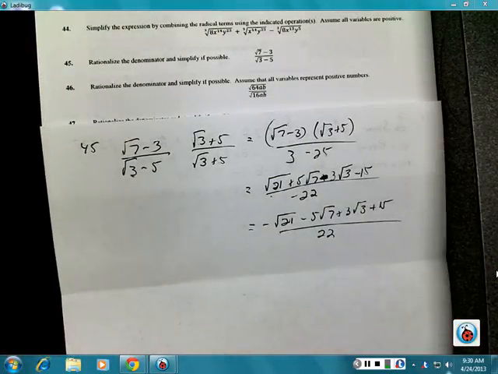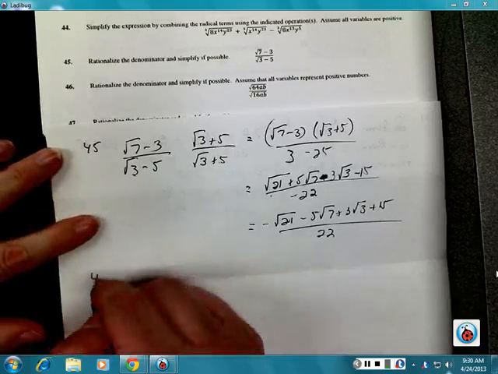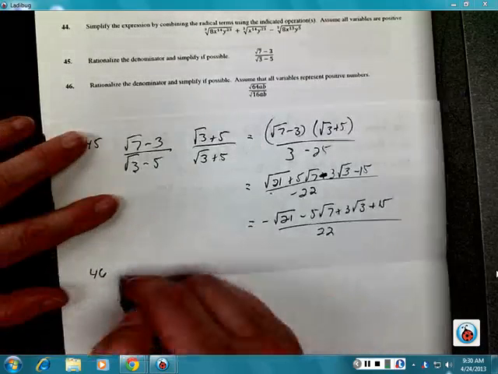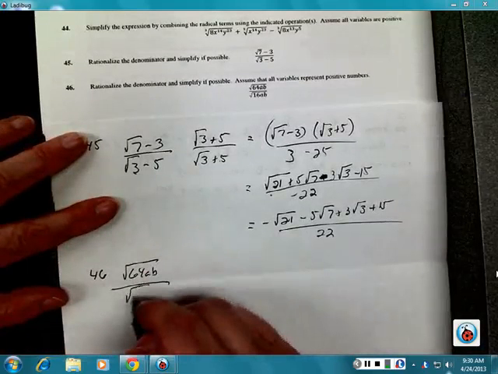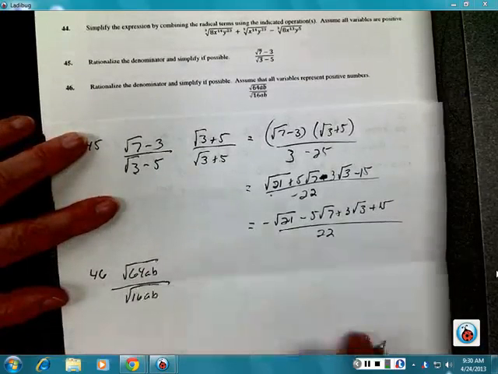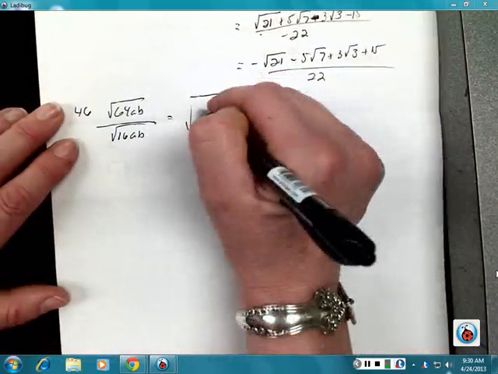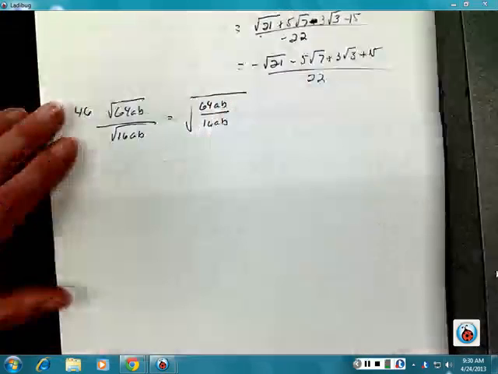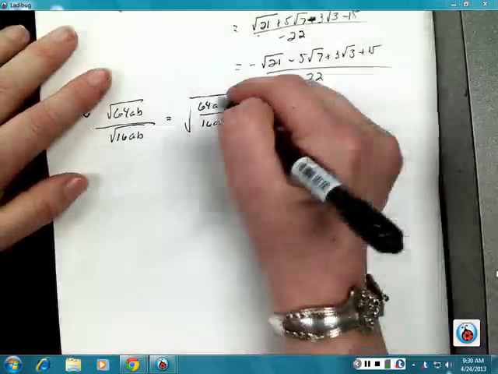Conjugates, next one, same kind of thing, but in 46 I would stick my pieces together in there. In 46, I'd put it underneath one radical first off, so let me write it in here. It's the square root of 64ab over the square root of 16ab. So what I would do with this is put it under one whole radical and see what I can reduce. 64ab over 16ab. And so what can I cancel out?